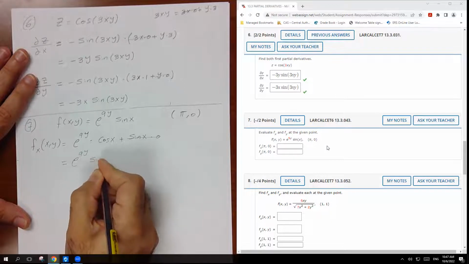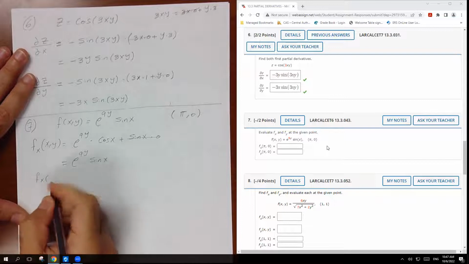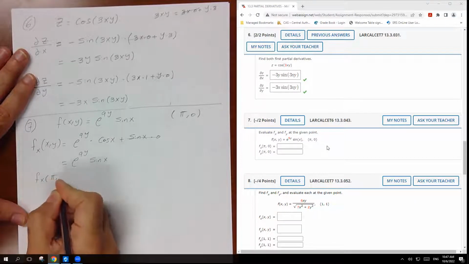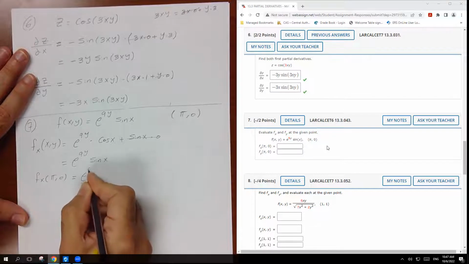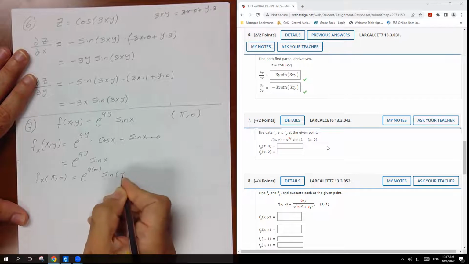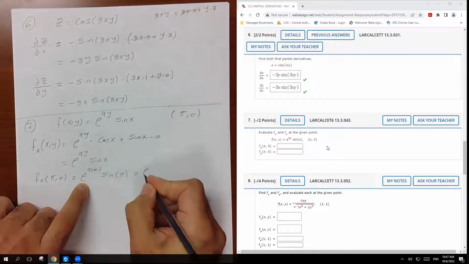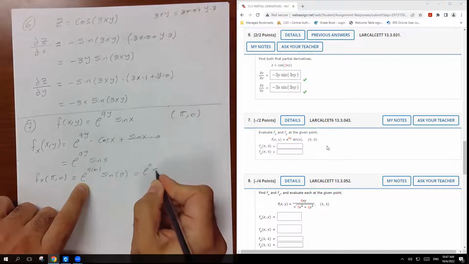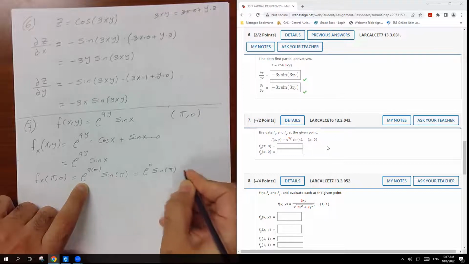Now let's evaluate f sub x at the point pi, 0. It's going to be e to the 9 times 0, cosine pi. Wait, why did I put sine? It's cosine x. Cosine pi.